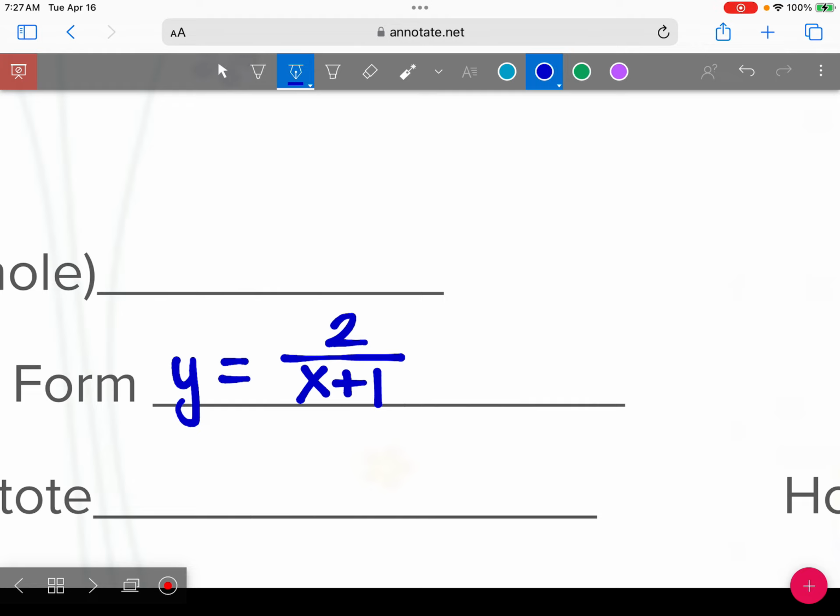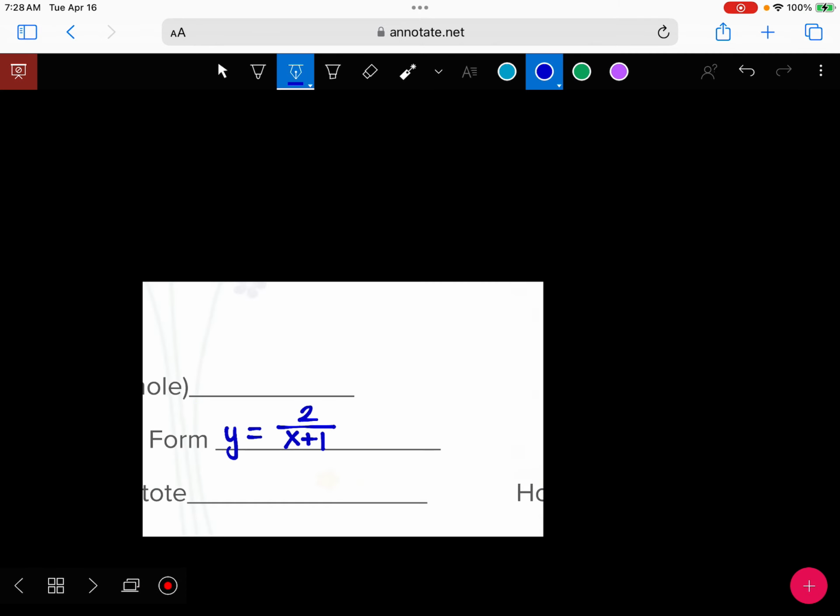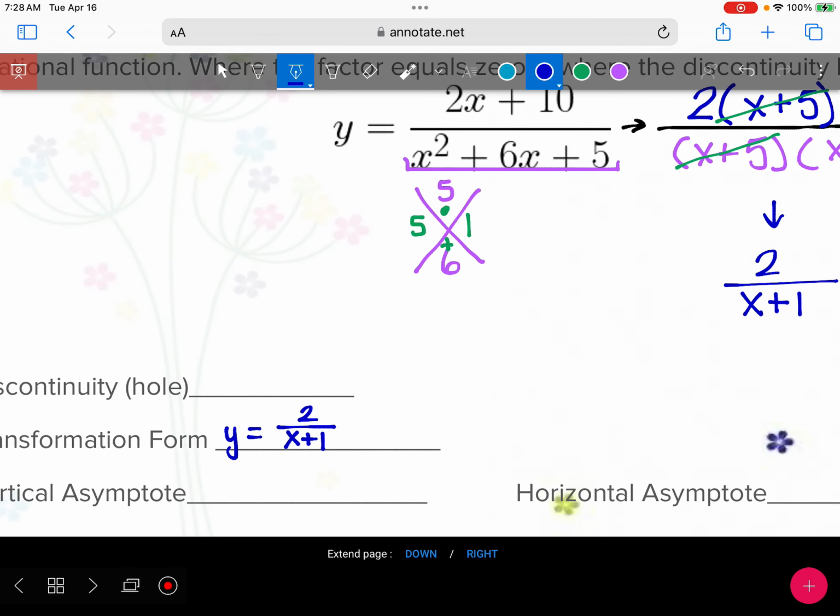The thing is, when we have that x plus 5 that cancels out, what that does is it just gives us another place where our domain doesn't work. Because if I have some certain x value, it's going to give me a 0 in my denominator, and it causes problems. So the way we find our removable discontinuity is we take the piece we canceled out.